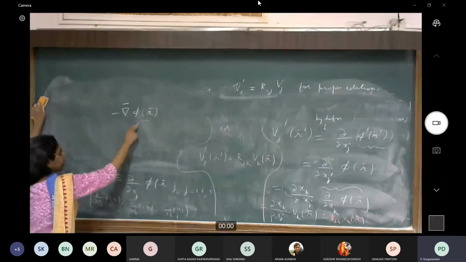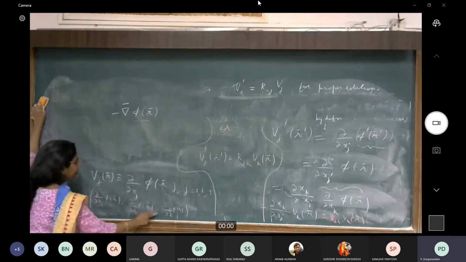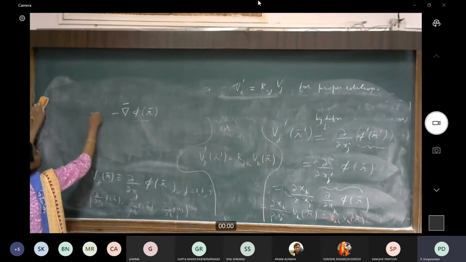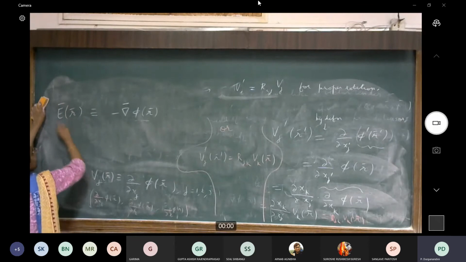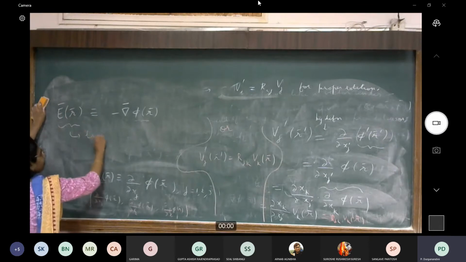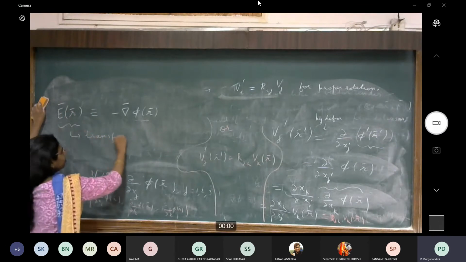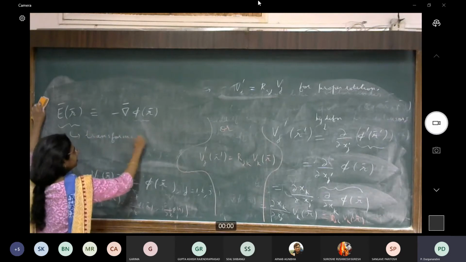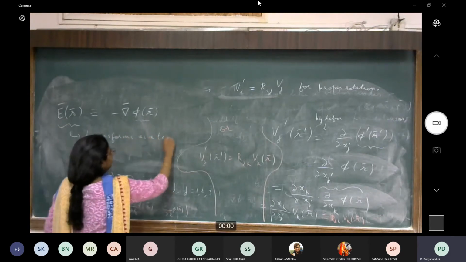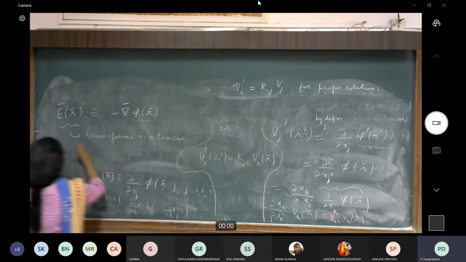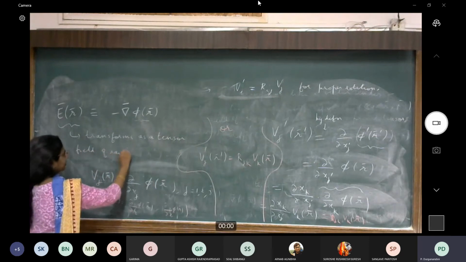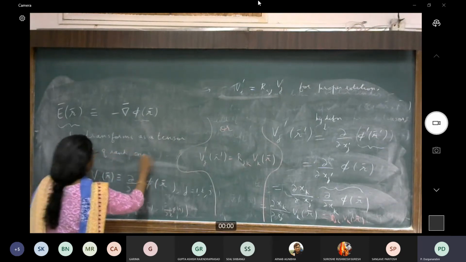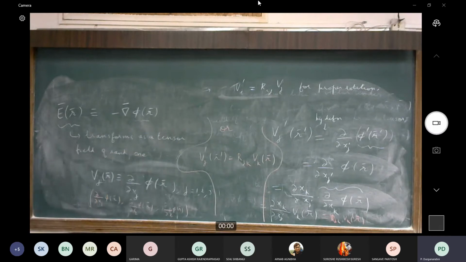I've taken the gradient of this, constructed the set of three objects, and I call this P of R. This transforms like a tensor field of rank 1, and a tensor field of rank 1 is nothing but a vector.